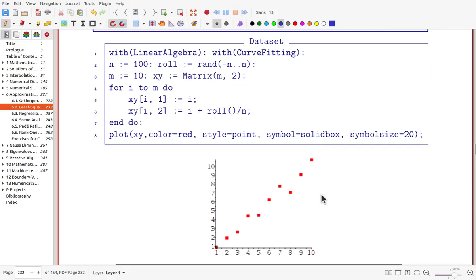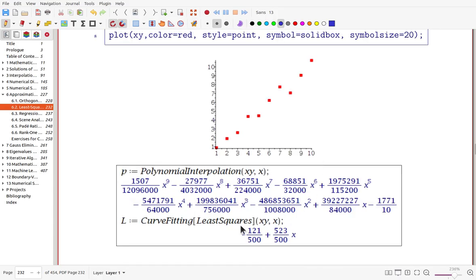That is a scatter plot. For this data set, you can construct an interpolation passing all the points. Then it will be a 9th degree polynomial.